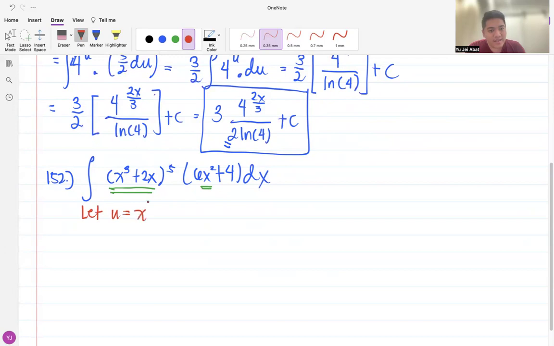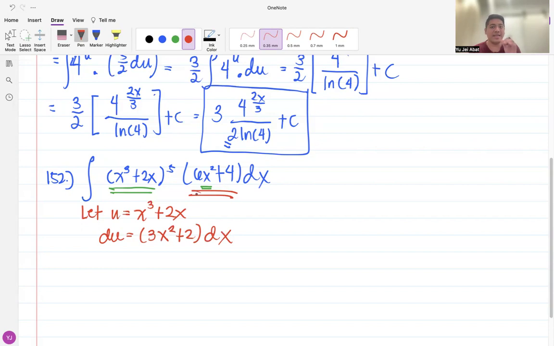So you have u equals x cubed plus 2x, and if we get the derivative, that becomes 3x squared plus 2 dx. So we didn't get 6x squared plus 4, but we get 3x squared plus 2. So what are we going to do, since the du is 3x squared plus 2? Don't you notice that if we multiply this by 2, this will be the answer.